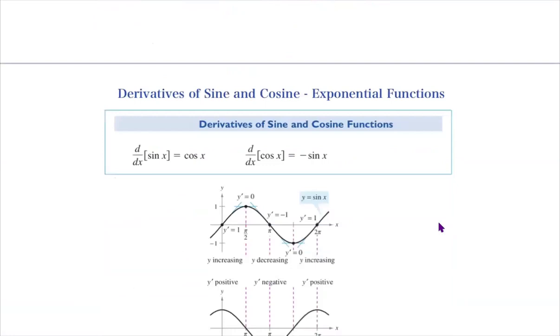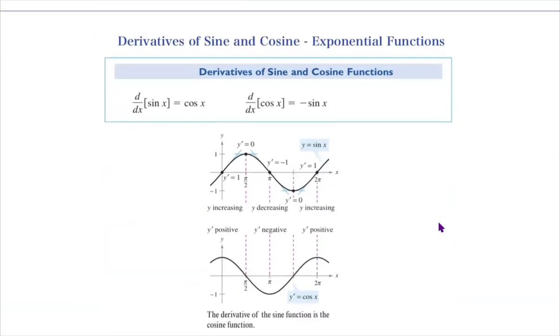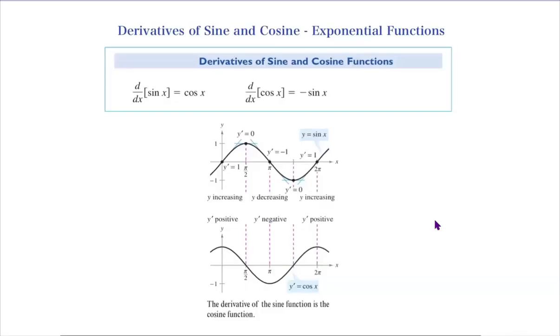Now we're going to go ahead and look at the derivative of sine, cosine, and exponential functions. So the derivative of sine x with respect to x is cosine x. And the derivative of cosine x with respect to x is negative sine x.